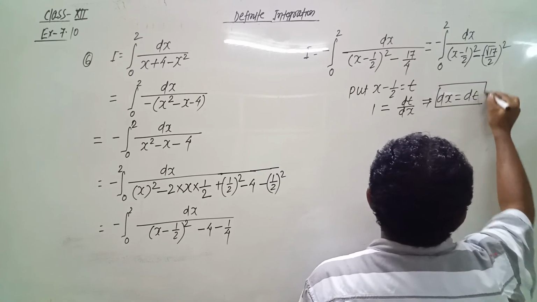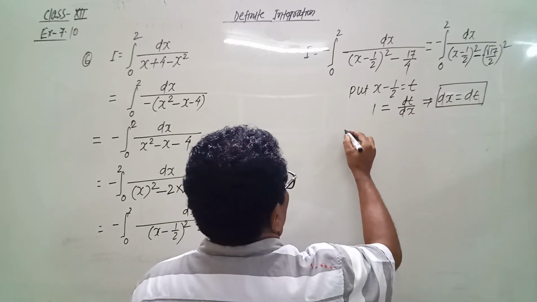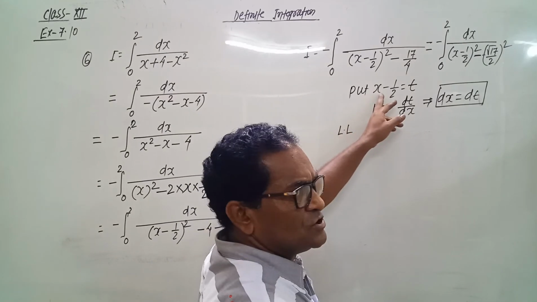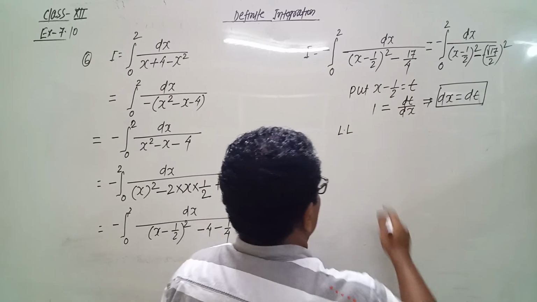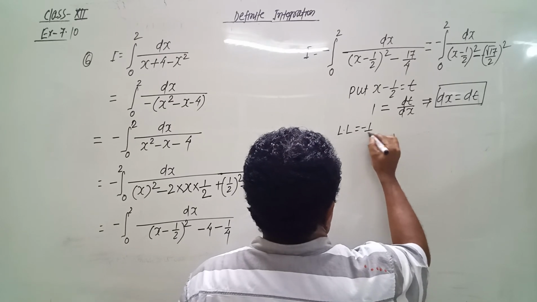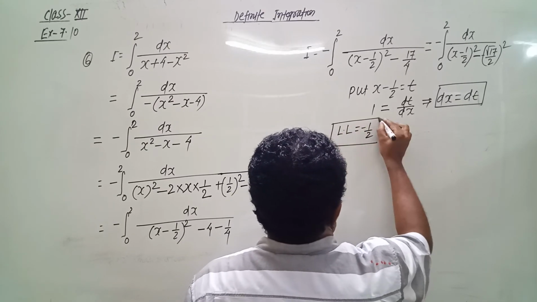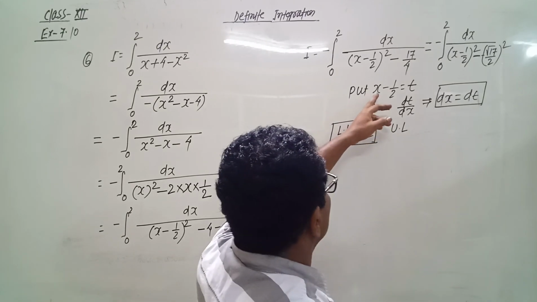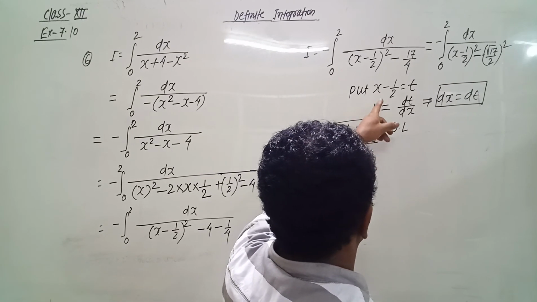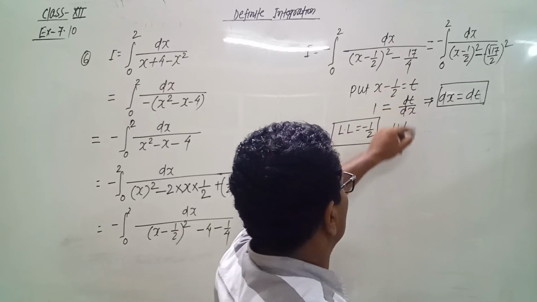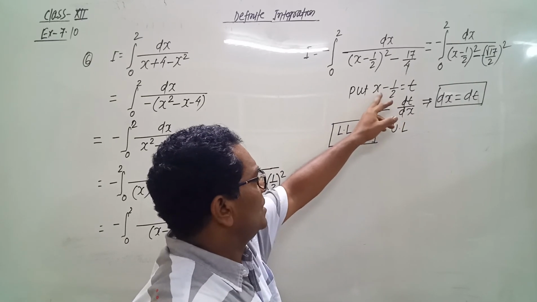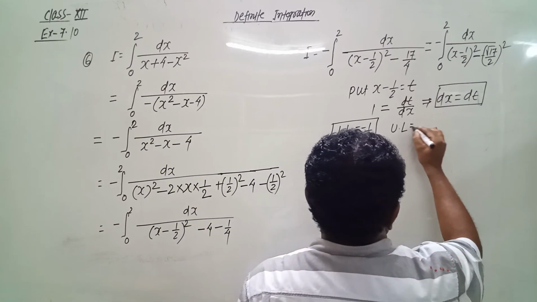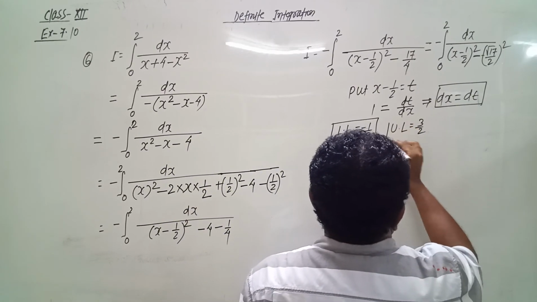Now we will have to change the limit. For lower limit we put x equals to 0, then t becomes minus 1 by 2. So the lower limit becomes minus 1 by 2. And for upper limit we put x equals to 2, so 2 minus 1 by 2, so 4 minus 1 by 2, 3 by 2. Upper limit becomes 3 by 2.